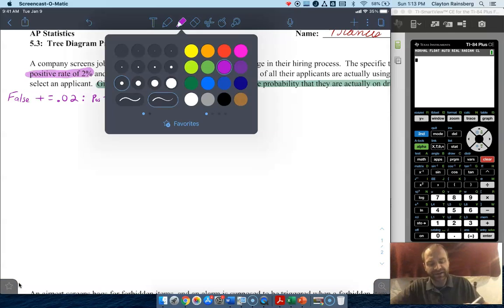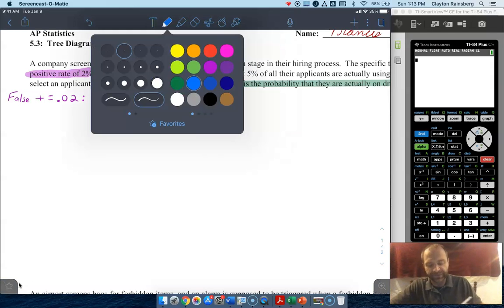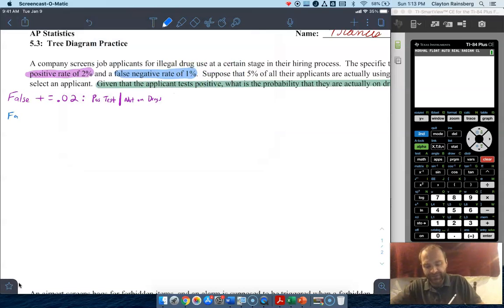The next one says a false negative of 1%. A false negative, and that's 1%, means they get a negative test given that they really are on drugs, they are using drugs. So that's the first part.